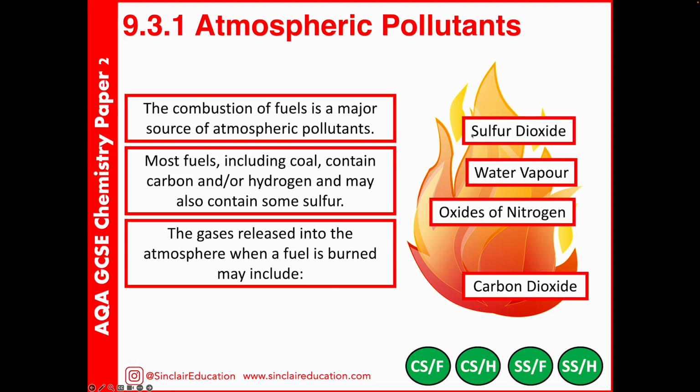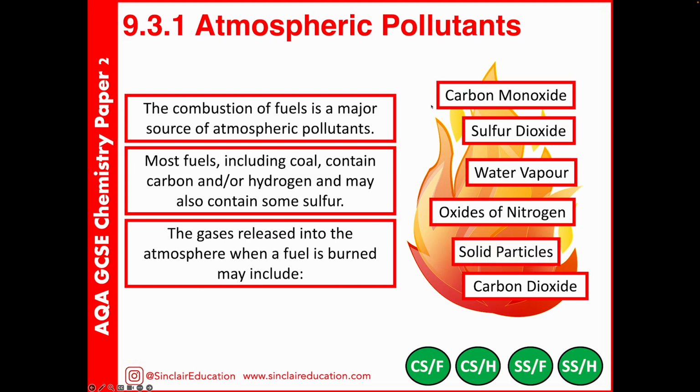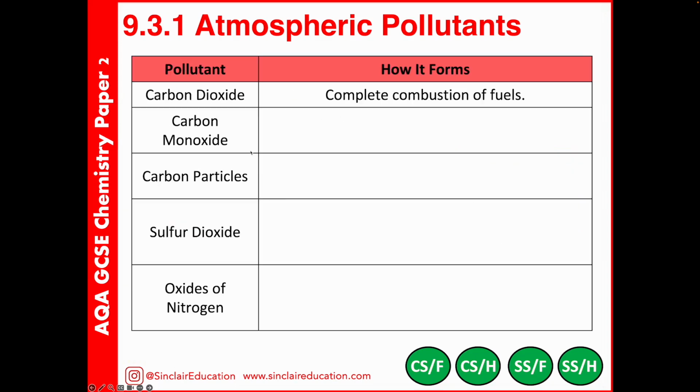But we can also make sulfur dioxide, carbon monoxide, and soot, otherwise known as solid particles. We need to be able to describe how each of these form and the problems that they cause. So, carbon dioxide is made when we have complete combustion of fuels, so burning has happened with enough oxygen.